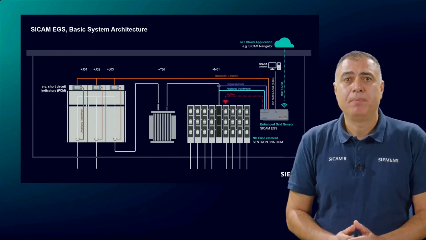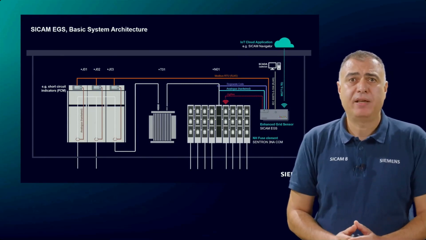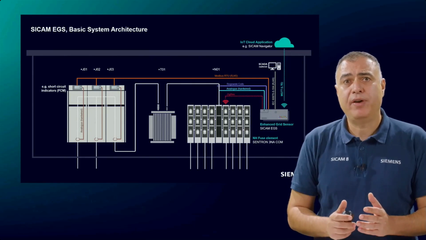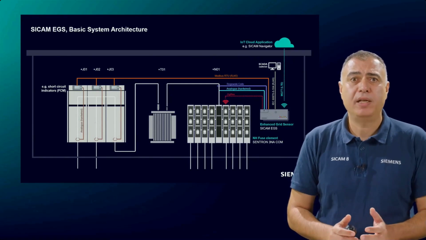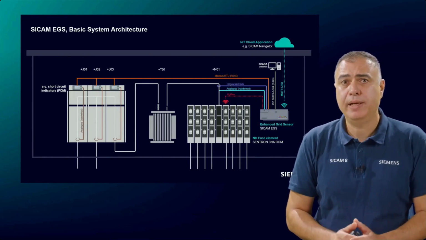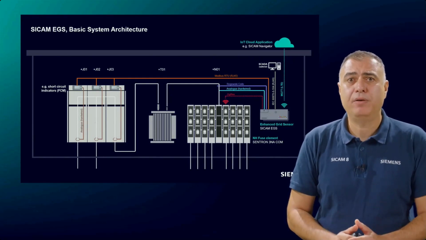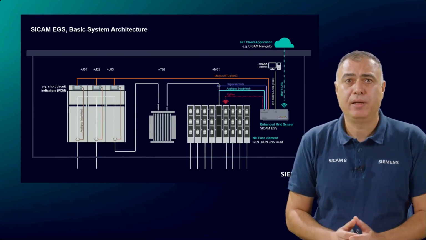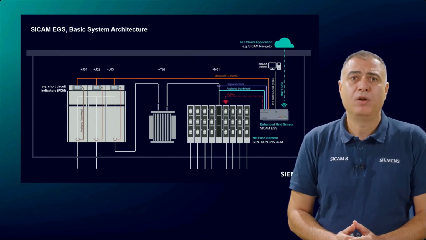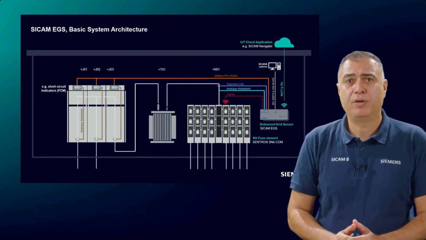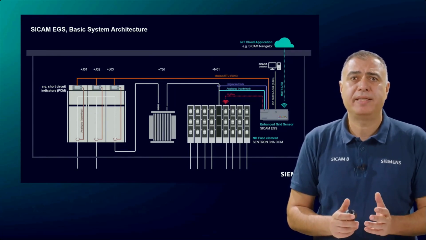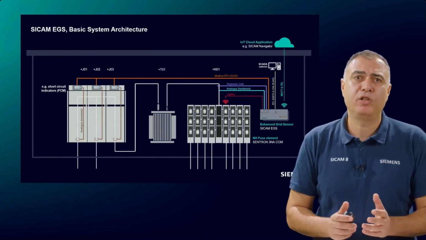Another example is that SICAM EGS features user-definable logics according to the IEC 61131-3 for adding automation functions. Customers having low voltage transformers with tap changer positions can use this automation feature to generate step commands based on the voltage measurements.